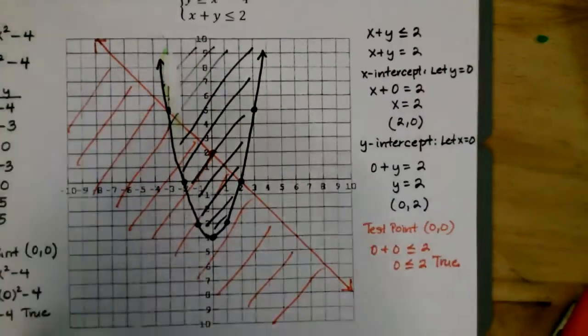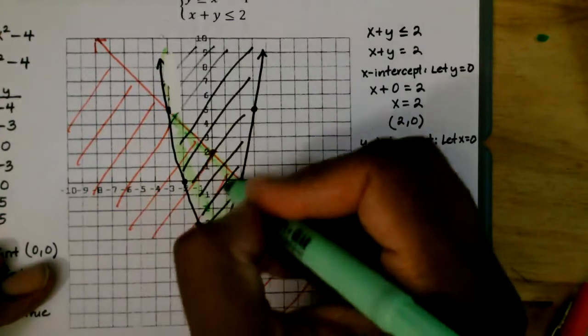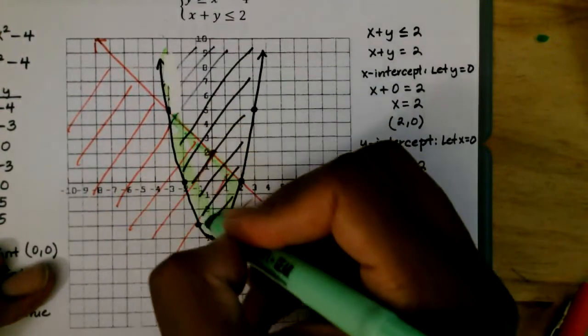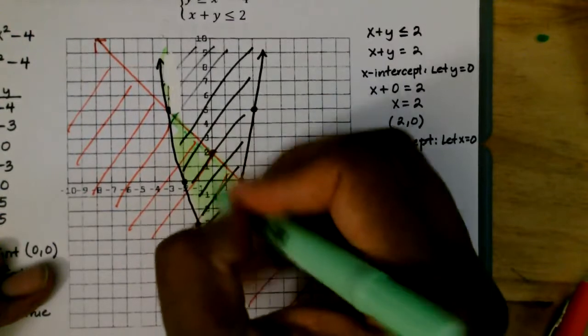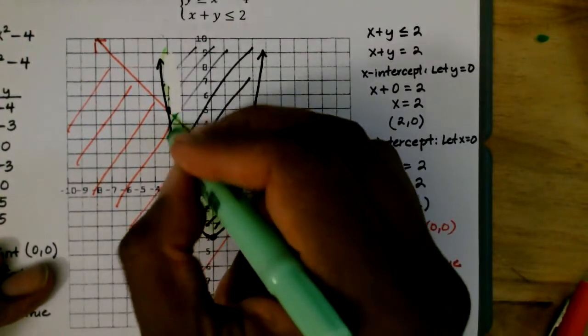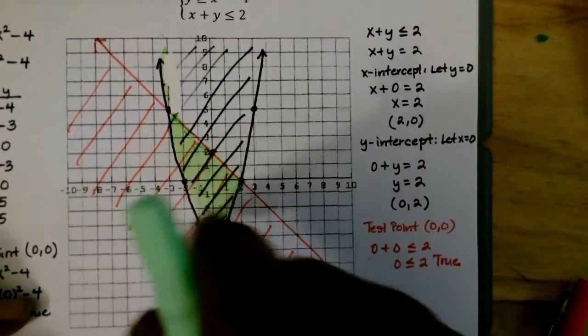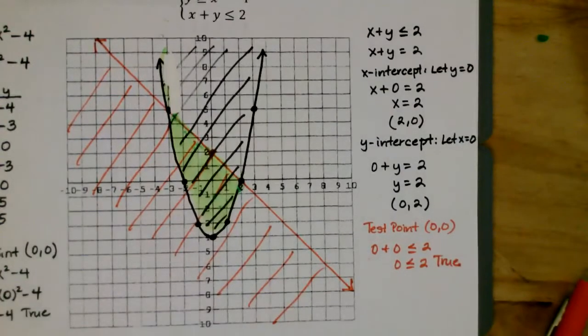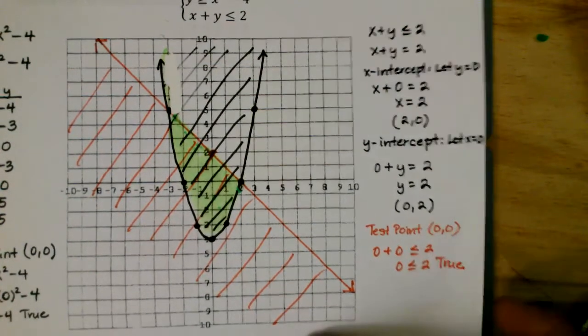So it's going to be this region right down here that satisfies that system of inequalities. So this shaded region right here represents the graph of the inequality y is greater than or equal to x squared minus 4, and x plus y is less than or equal to 2.